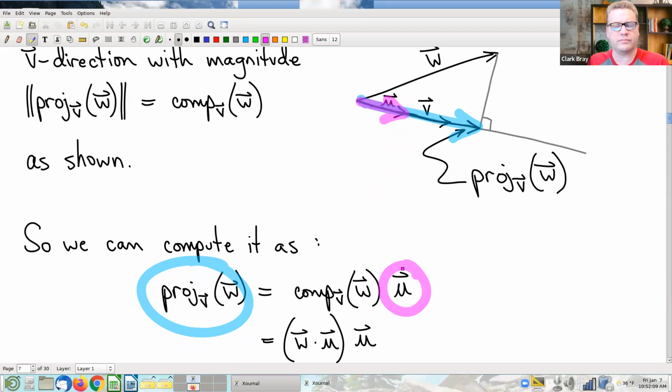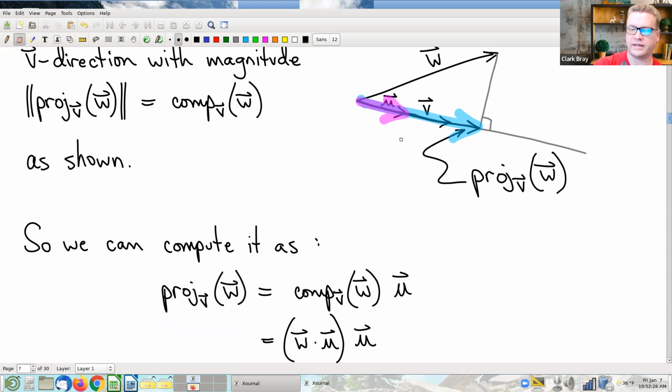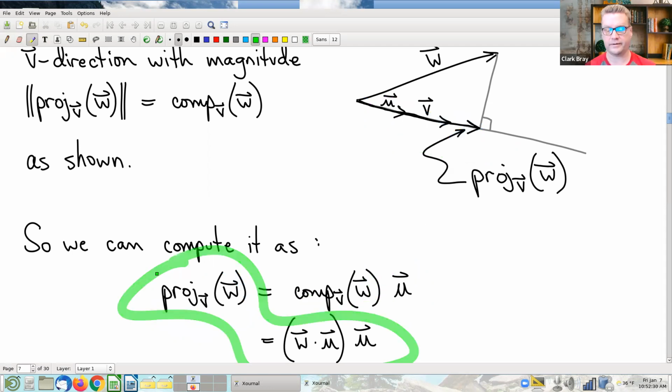Well, with a unit vector pointing in that direction of that line. What's the magnitude? Well, it's the component. And so there you go. So it's component times unit vector. And if you want to write that into algebra, then nice simple formula right there.